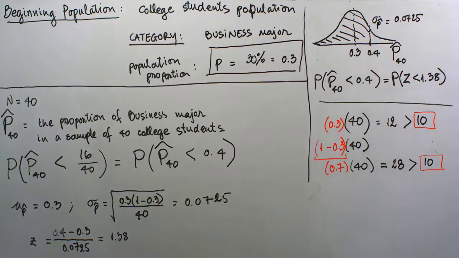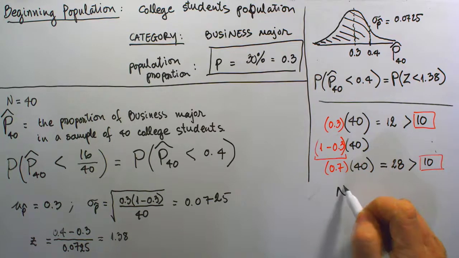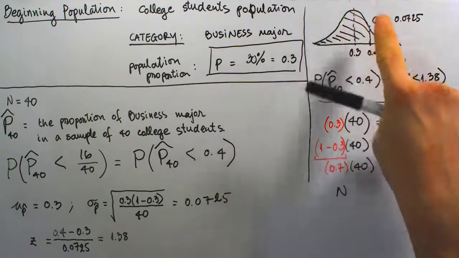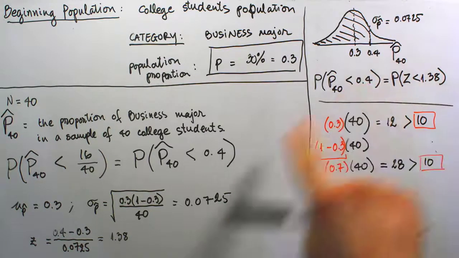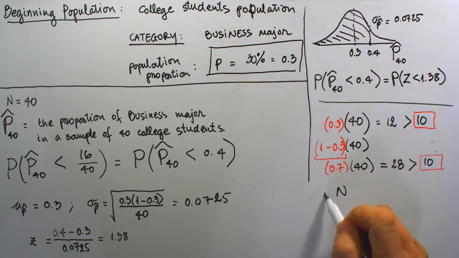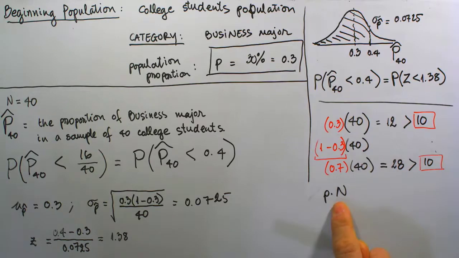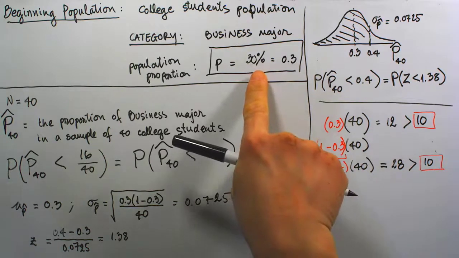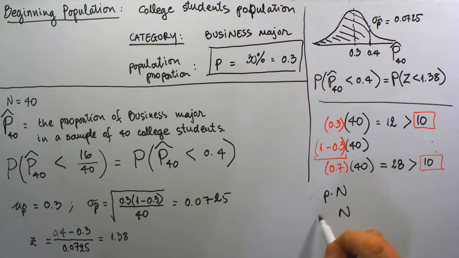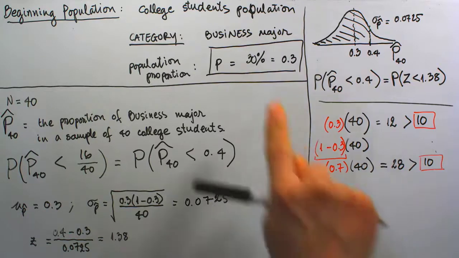So the reasoning here, the idea that I was showing here, is that in order to decide whether we can use the bell curve to solve our problem of this kind right here, we take the sample size, multiply that with the known given population proportion, and also multiply the sample size with 1 minus the known population proportion.